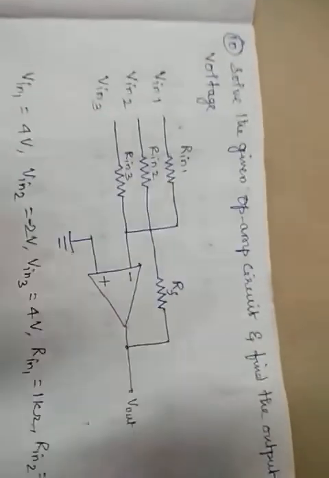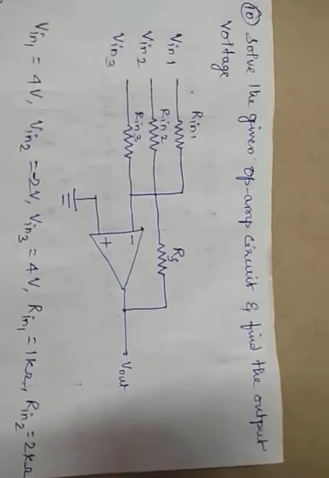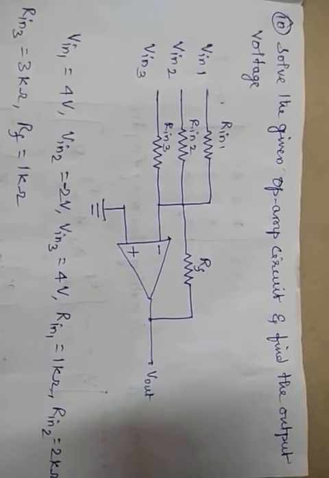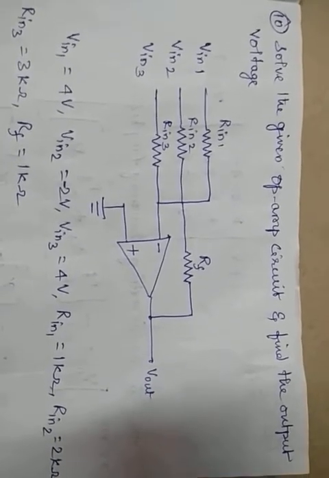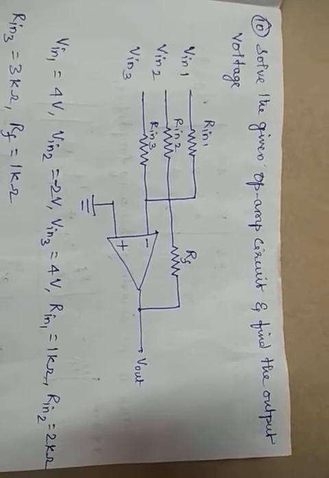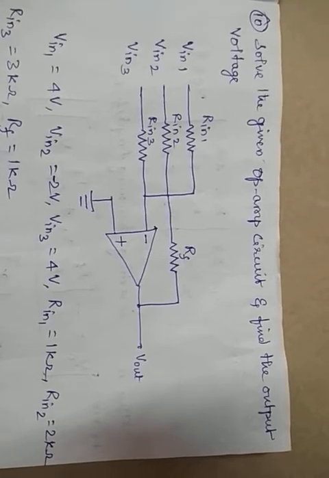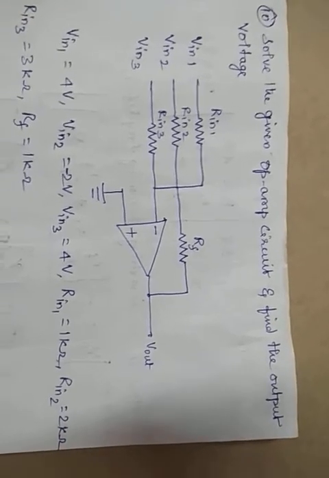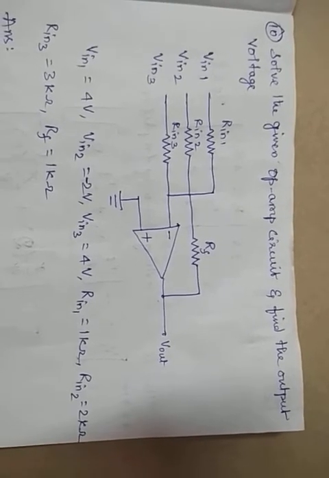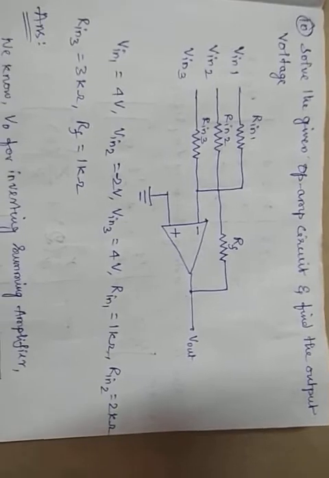That is, solve the given operational amplifier circuit and find the output voltage. Again the inverting summing only is given: Vin1, Vin2, Vin3, Rin1, Rin2 and Rin3. The RF value is also given, everything is given.